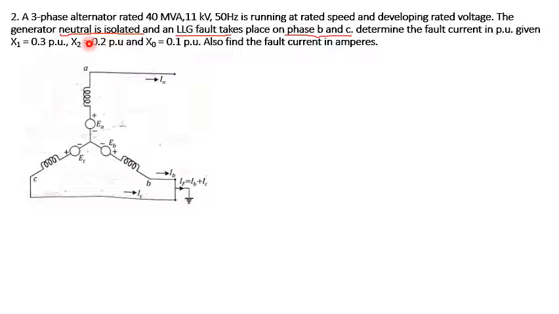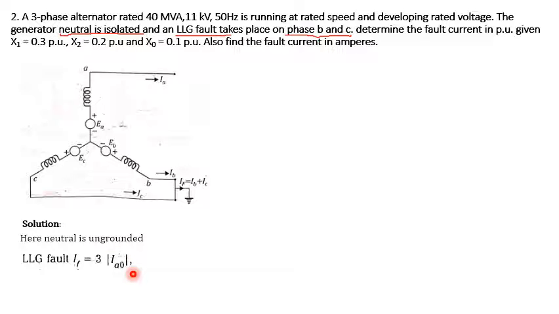Based on this, this is the diagram, where there is a double line to ground fault. Let us solve this. The first thing to note is that the neutral is isolated. What is the expression for the fault current under double line to ground fault? It is IF equal to 3 times IA0, so it is in terms of IA0.